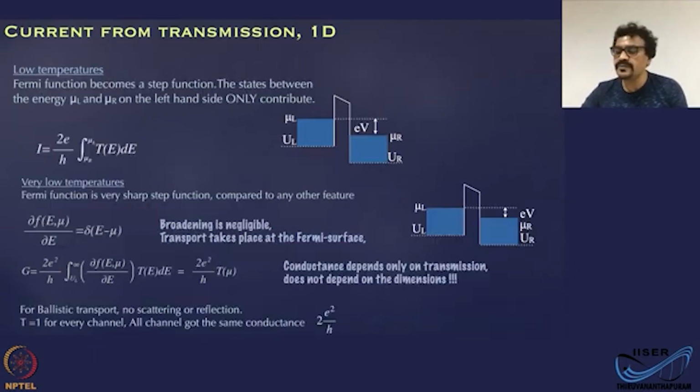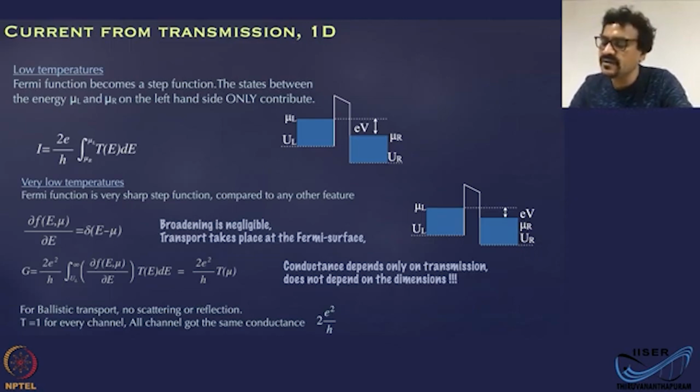Now let's consider the next case where the system is at low temperature. What does the low temperature transport look like? At low temperature you don't have the Fermi distribution.